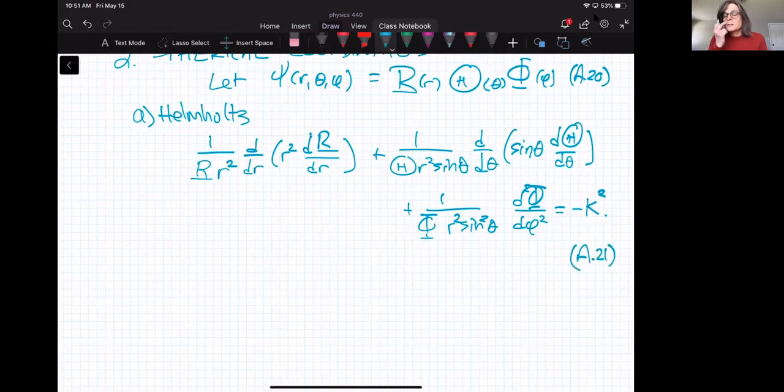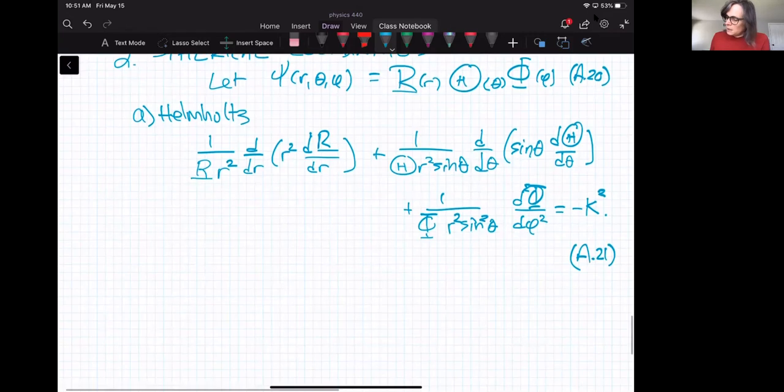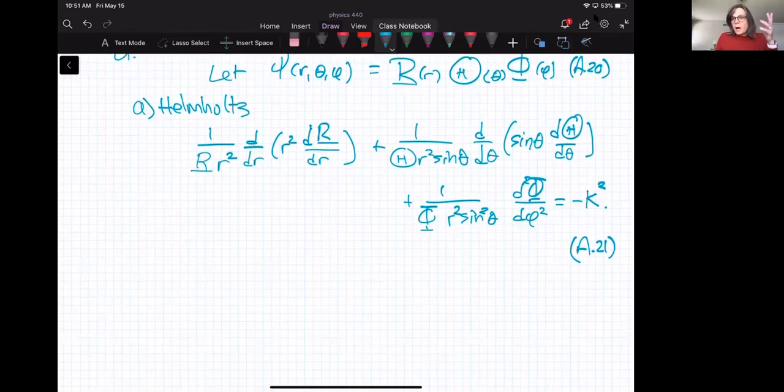All we've done is take the prescription for Cartesian, but now use the spherical coordinate Laplacian, right? And immediately this becomes a problem, because even though we've tried to do this separation, we've got the variables all over the place. So the first step is to multiply everything by r squared sine squared theta.